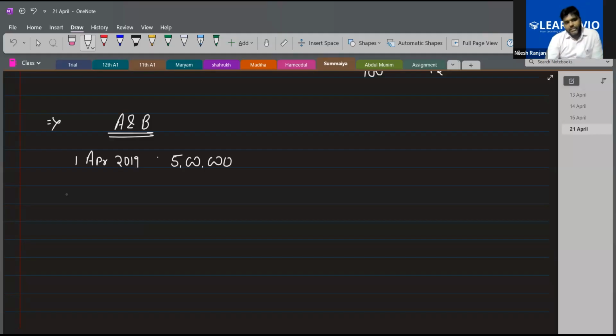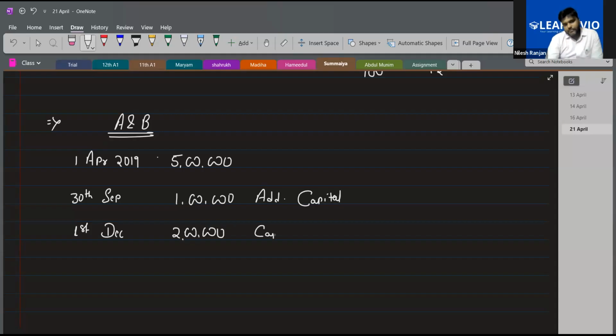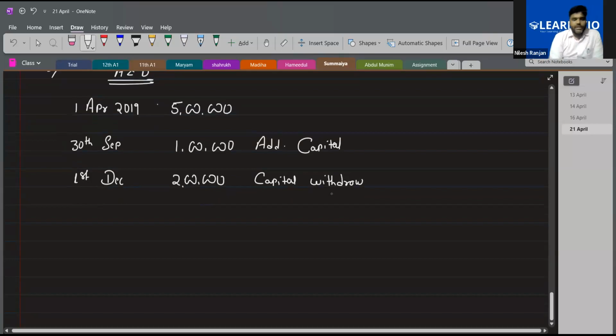On 30th September, he introduced 1 lakh additional capital. Then on 1st December, he withdrew 2 lakh of his capital. So we have to calculate the interest.